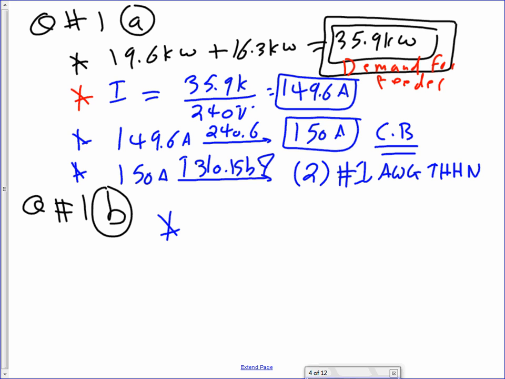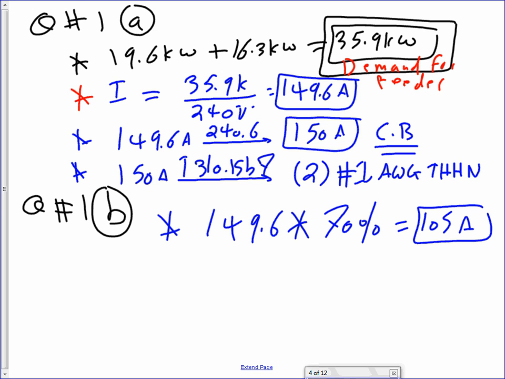You take the size that you get for the neutral, 149.6, that's the 8 amps, and multiply this one by 70%. You end up with 105 amps. Can you guys see that? 105 amps.